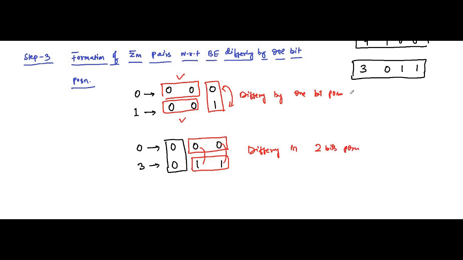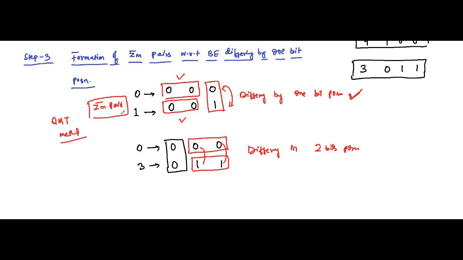We want to identify a pair of minterms that differ by only 1 bit position. This will be called a Minterm pair, which will be used in the Quine-McCluskey method, the QMC tabular method.